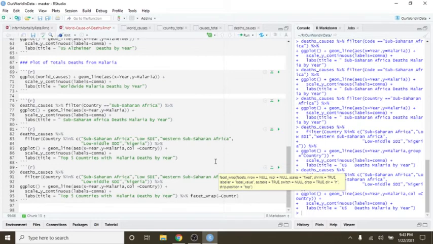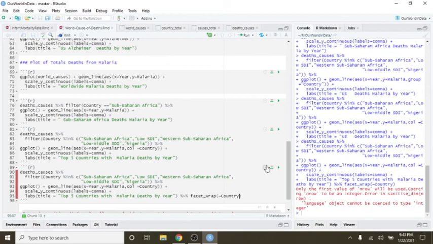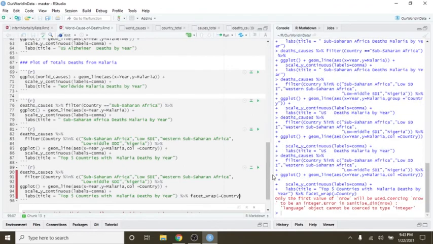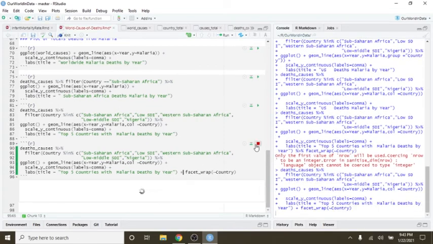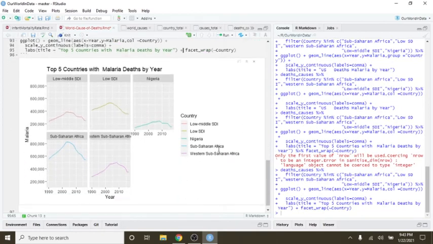What this should give us is a separate plot for each country.